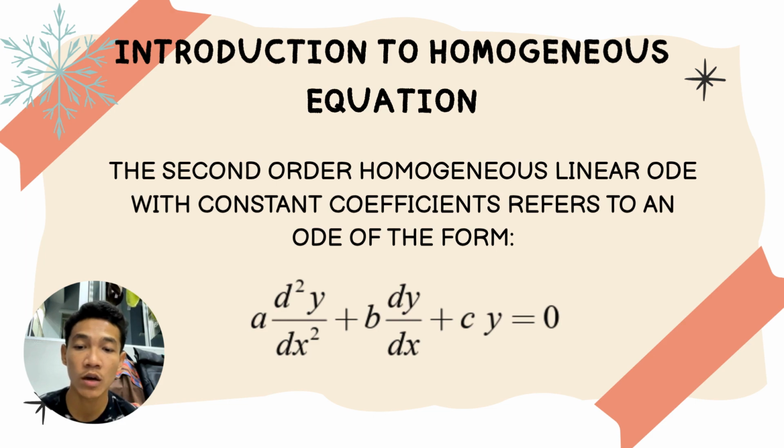The word homogeneous means the right hand side is 0 because there is no external input or forcing term.